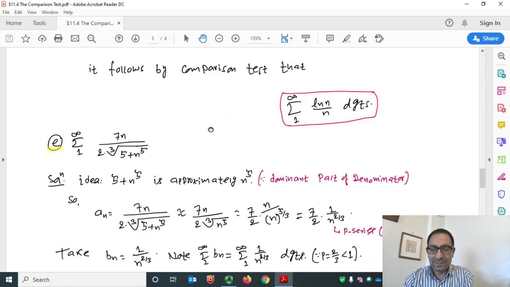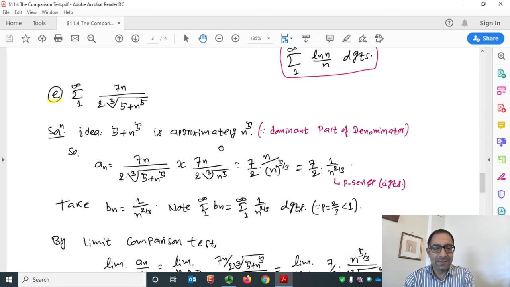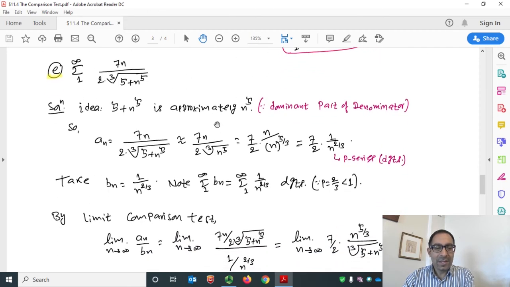So let's move on. Let's do another type here. Part E, the given series is 7n over 2 times cube root of 5 plus n to the power 5, summation runs from 1 to infinity. Let's begin the solution. Here's a quick idea.